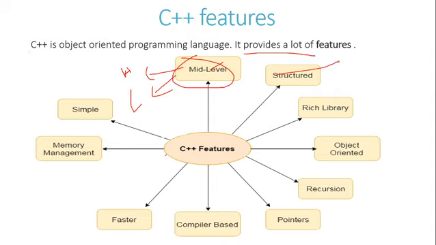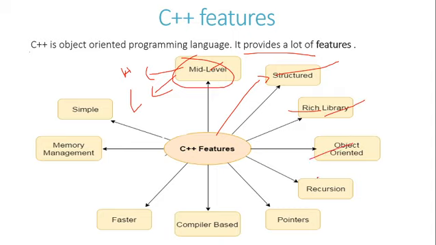It's a structured programming language. Structured means it divides the programs into modules so that it will be easy to understand and write the programs. Rich library, many types of libraries are there in C++.